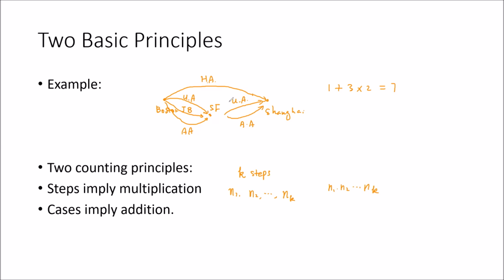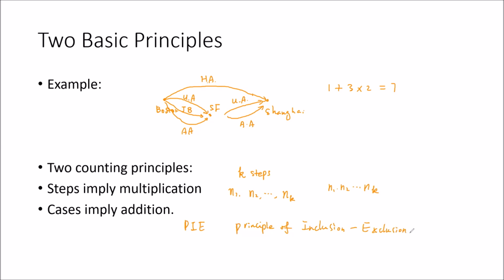Now, when you have cases, you need to be very careful about double counts. We will have another principle called PIE, the principle of inclusion-exclusion. We're going to talk about that later on. Some textbooks would simply call it the inclusion-exclusion principle, but one of the textbooks uses pie.